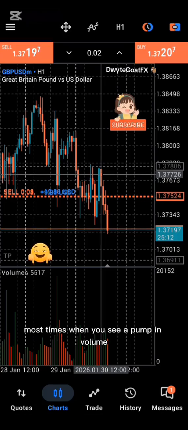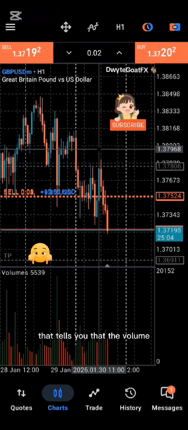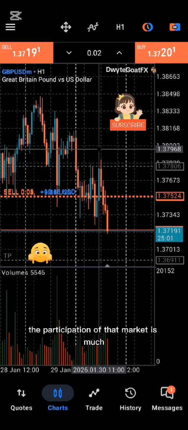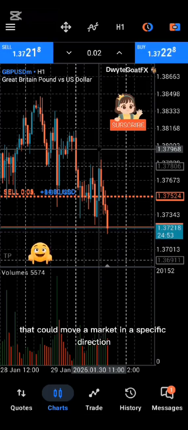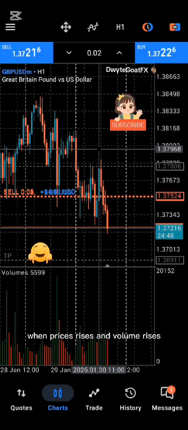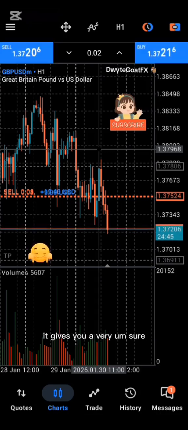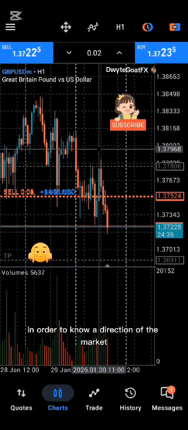While most times when you see a pump in volume and the price does not make a shift or a move, that tells you that the participation of that market is much, but is not up to the amount of volume that could move a market in a specific direction. So that's why you have to understand that when price rises and volume rises, it gives you a very sure thing to follow in order to know a direction of the market.